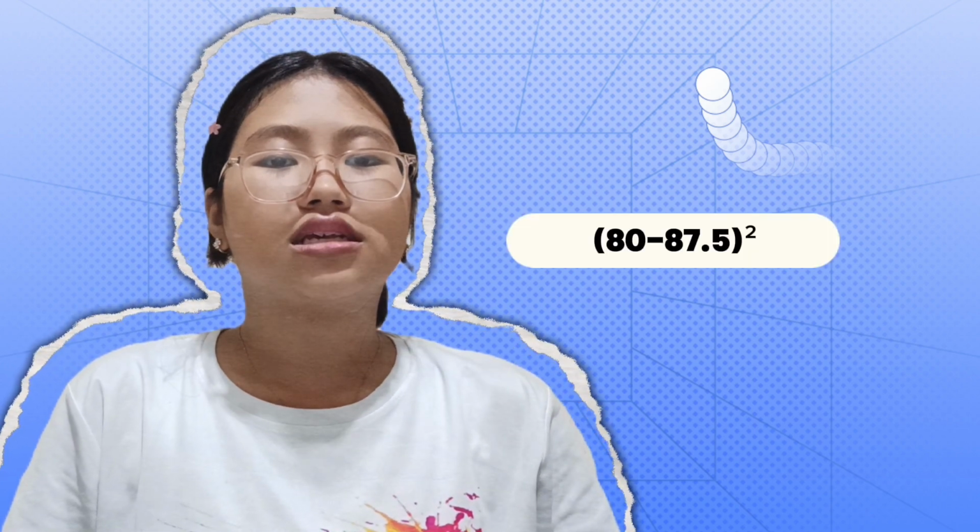So substitute the given. Again, you will just subtract each given from the sample mean and then square your answer. For example, 80 minus 87.5 equals negative 7.5 squared. So negative 7.5 squared is 56.25.